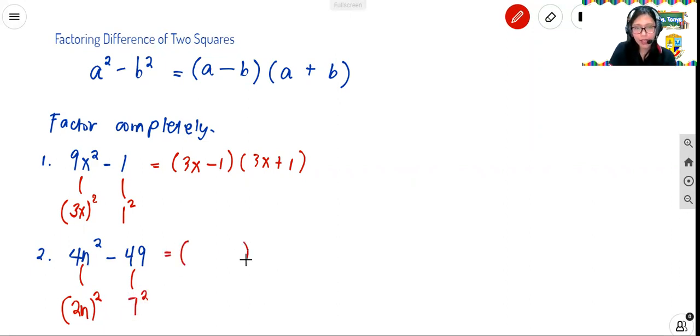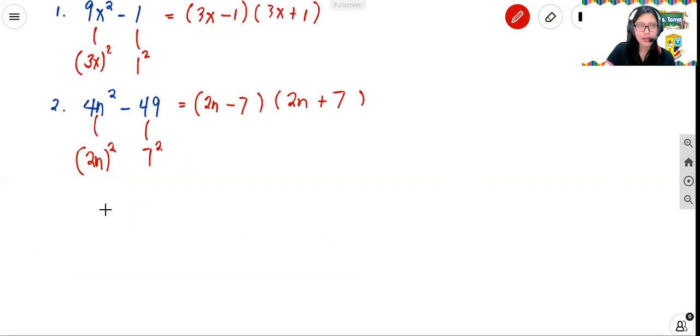So if we put that in our factors, then our factors would be 2n minus 7 and 2n plus 7. So again, the terms are the same in both of the factors, but the difference is just one is minus and the other one is plus.